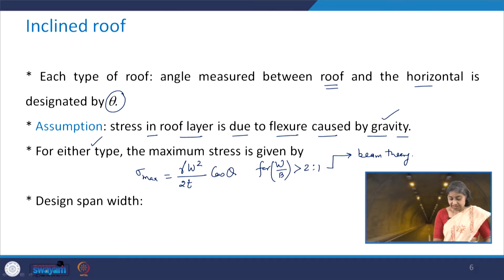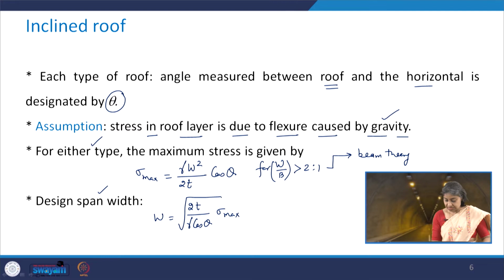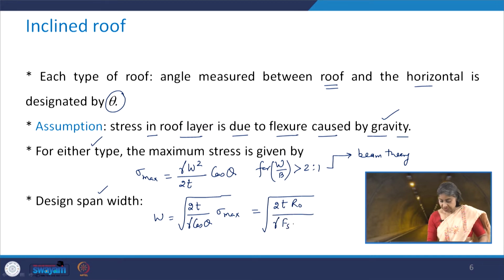And hence, the design span width can be given as square root of 2t upon gamma cos of theta into sigma max, or I can write in terms of modulus of rupture, that is going to be square root of 2t r naught divided by gamma factor of safety into cos of theta.